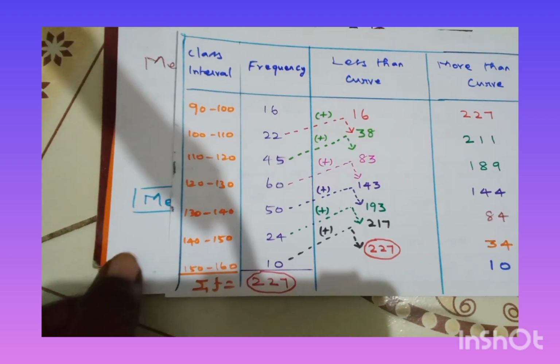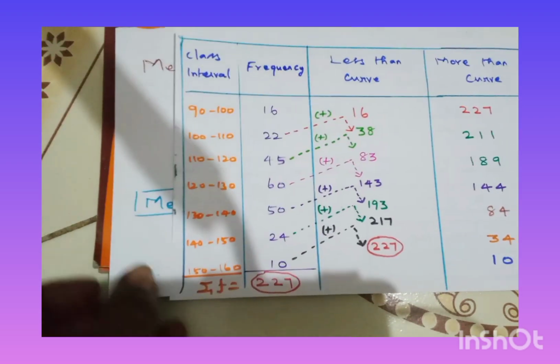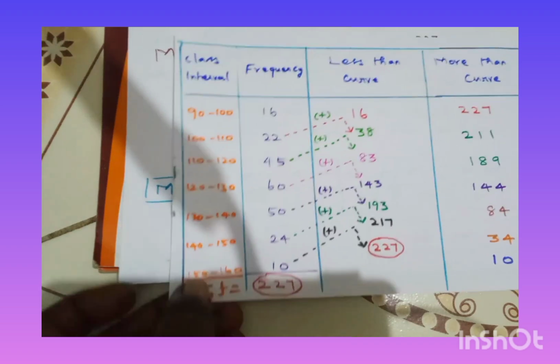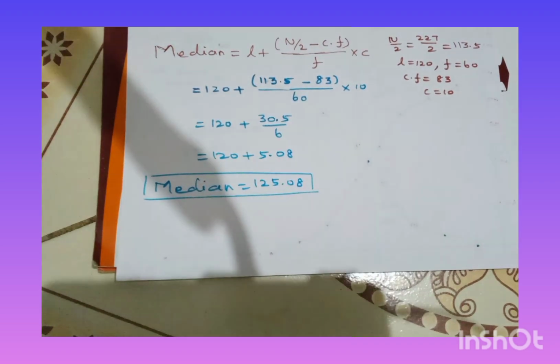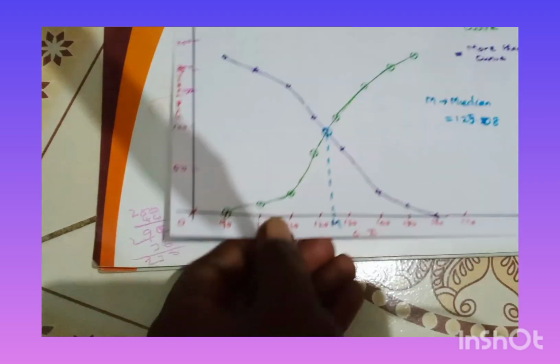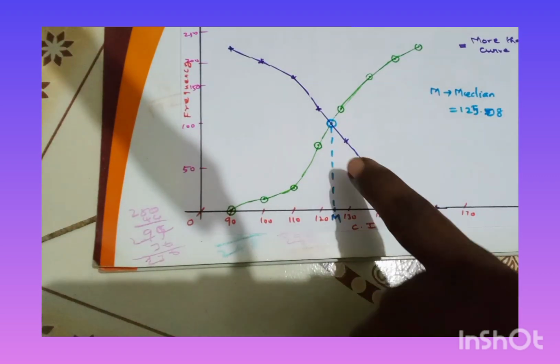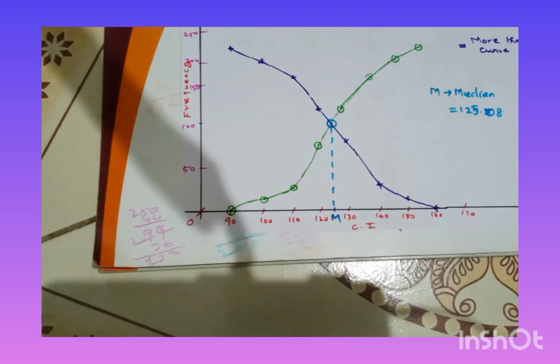Okay, so this is how you have to calculate each value. Don't consider the more than curve, only consider the less than curve for the median. Then substitute the values. I got 125.08. See the diagram, 125. From the intersection point, I have drawn the perpendicular line to the x-axis. It touches between 120 and 130. So our problem is very correct.